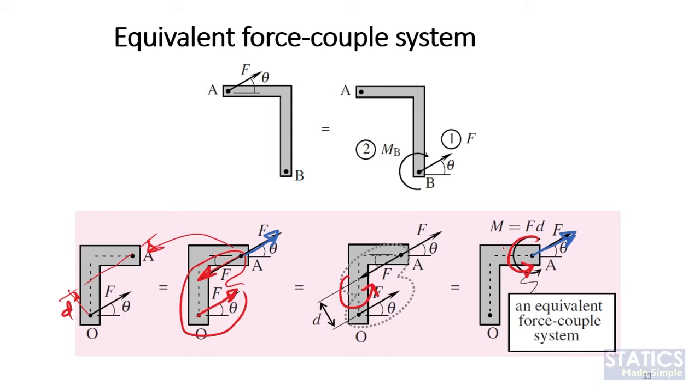In this case, our point of moment is point A. So the forces sum up, and the F is still the original F. It's just that instead of having the F at O, now the F is at A.